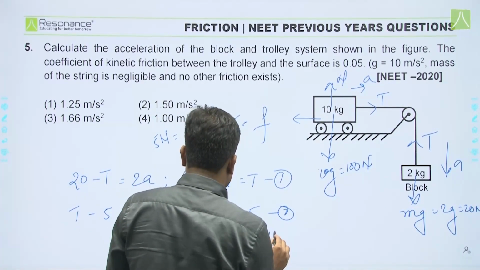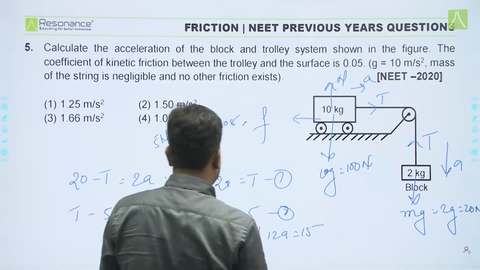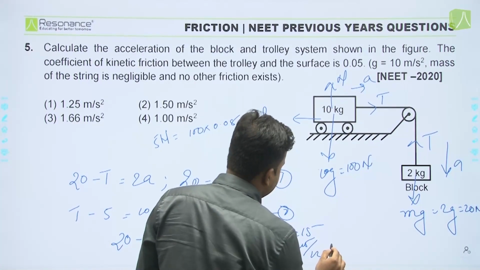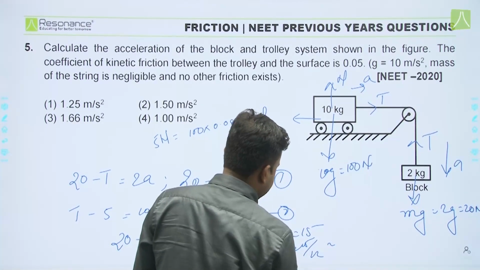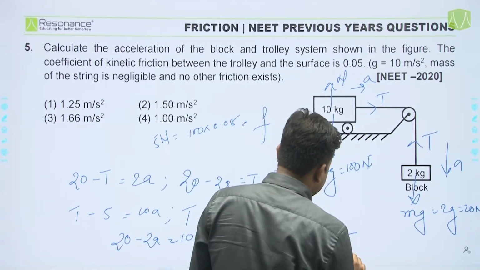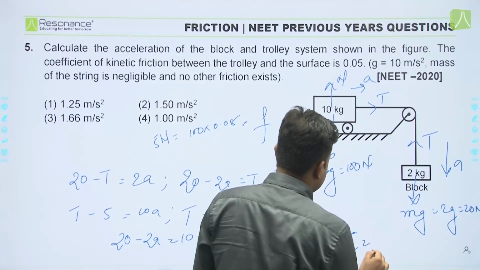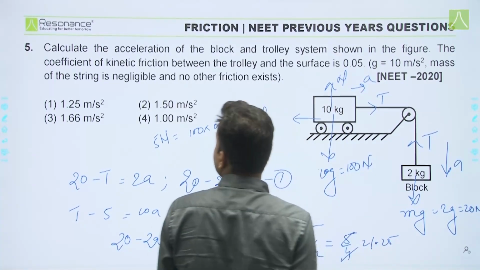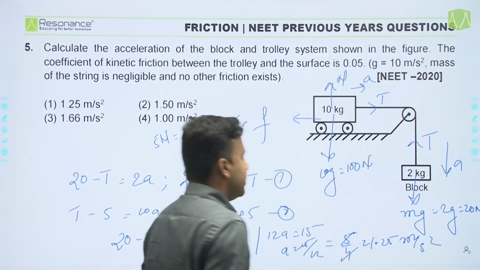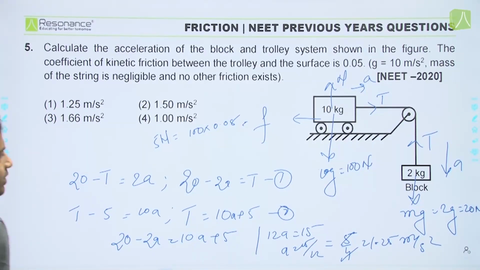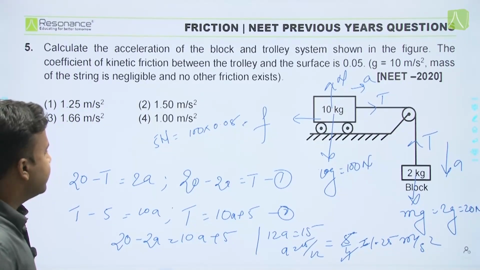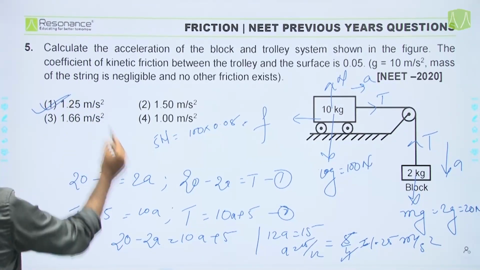From here you get 12A equal to 15, or A equal to 15 upon 12, which is 5 upon 4, that is 1.25. So the answer for acceleration, in SI units, is 1.25 meter per second squared. So the first option is the answer.